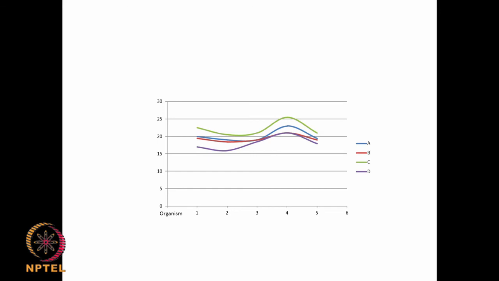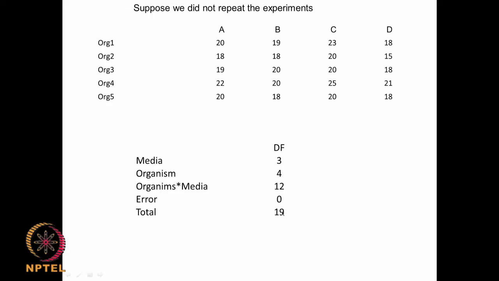The important point here is we had enough data sets, so we are able to understand interaction also. Suppose I did not do a replication, and did only one experiment in each case. Then the total number of data points is 20, so the degrees of freedom for total is 19.